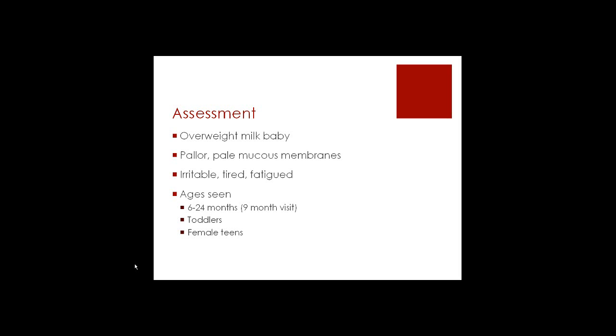That's why you'll sometimes see an overweight milk baby. You'll see your patient look pale, with pale mucous membranes potentially, maybe irritable, tired, and fatigued. Usually you see this between 6 and 24 months, most commonly in toddlers and in female teenagers as they start menstruation.